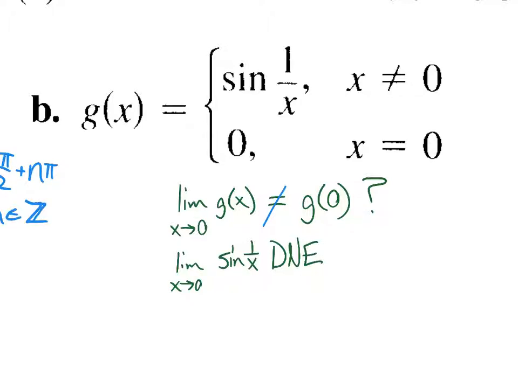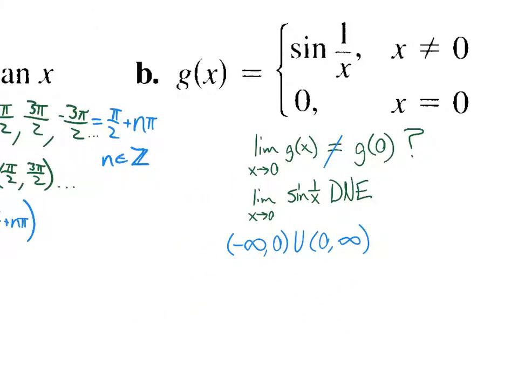That it's not, okay? So what are the intervals where this is continuous? Everything except 0. So the intervals, negative infinity to 0, open interval, or from 0 to positive infinity. Okay? That's what it would be continuous on.